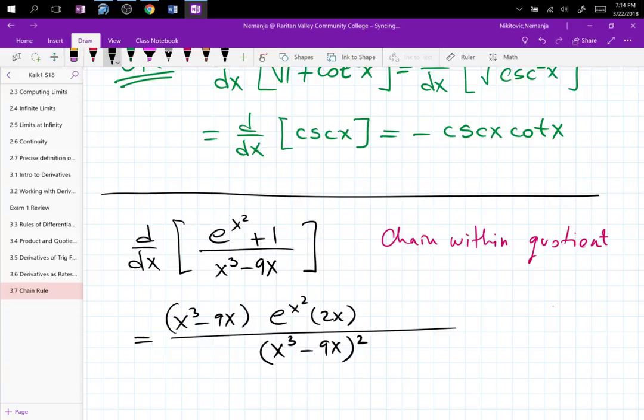The derivative of plus 1 is 0, so we don't have to worry about that. Minus, from the formula, e to the x squared plus 1 times the derivative of the numerator, which is 3x squared minus 9. Yeah, there it is. Beautiful, right?